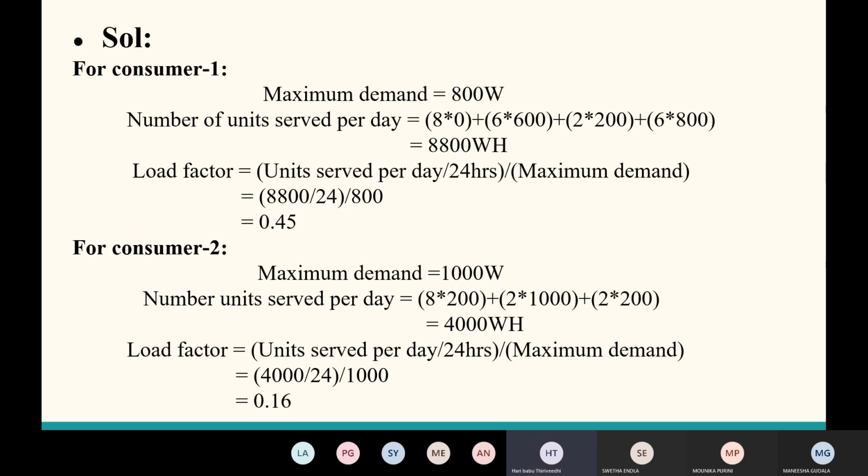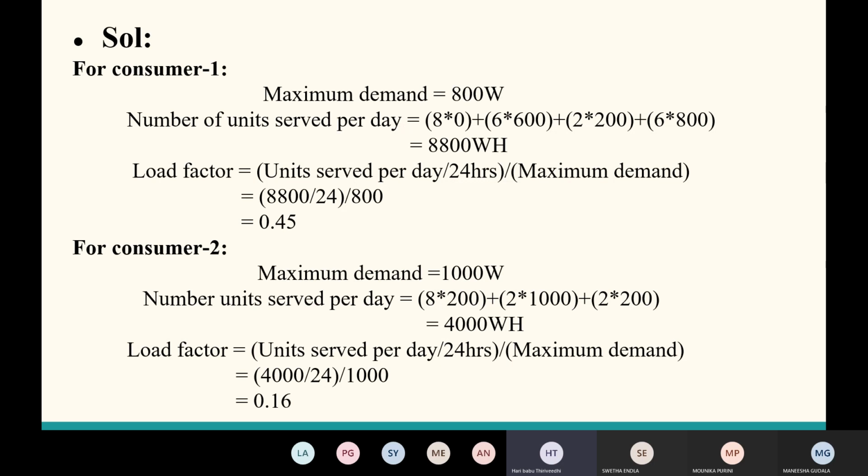I am not displaying zeros, only load values: 8 hours into 200 plus 2 hours into 1000 plus 200 into 2. Number of units served per day for consumer 2 is 4000 watt hour.